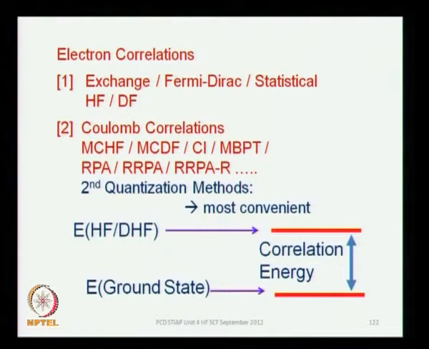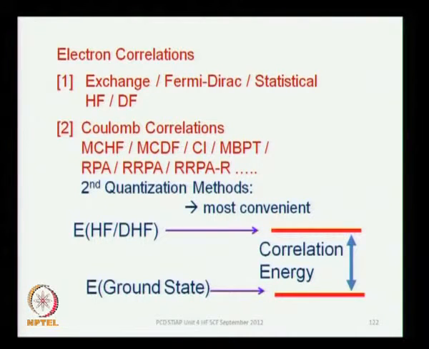You can use methods of second quantization, quantum field theory, and this is a fairly large subject by itself, and this goes beyond this course. I am planning to address some of these techniques, the many body techniques, in another course which I will be giving in the next semester.